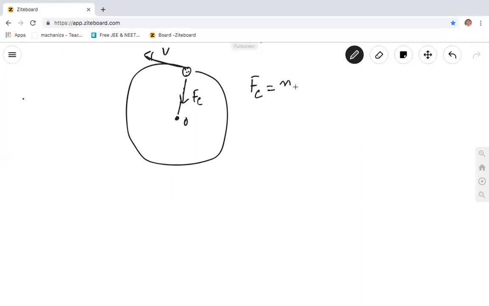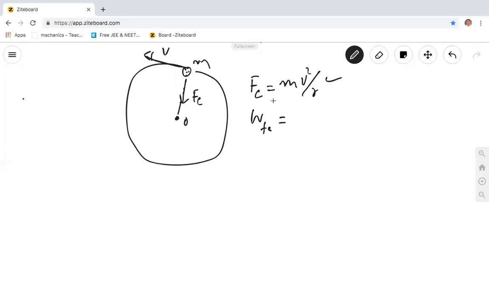The answer is mv square by r, right? M is mass, r is the radius of the circle, and v is the speed. That's good. Then he says, what is the work done by the centripetal force? That is what I can make out of what he says.